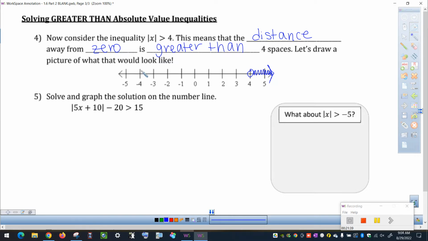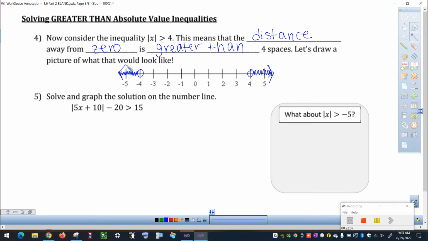Another possibility, though, let's go on the other side. If we wanted to be more than 4 spaces away on the other side, that's going to be anything shaded to the left of negative 4. And we have an infinite number of values there that are further away from 0 on that other side. So that's what the solution would look like on a graph.